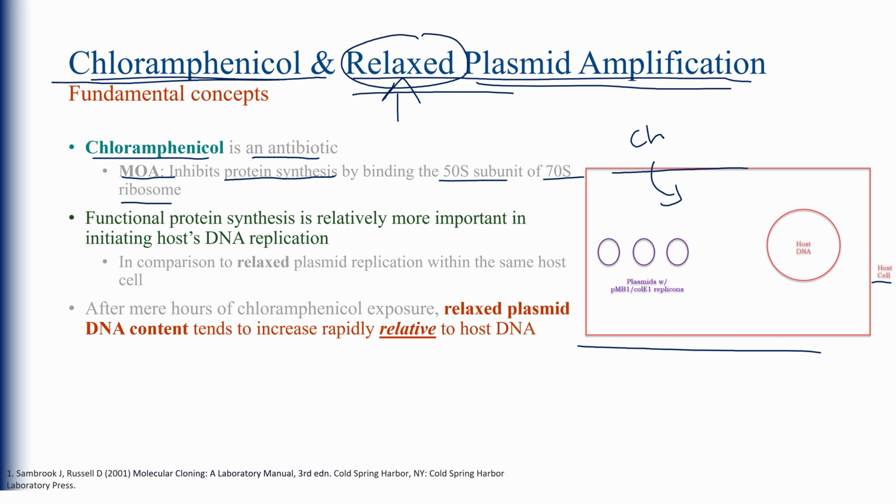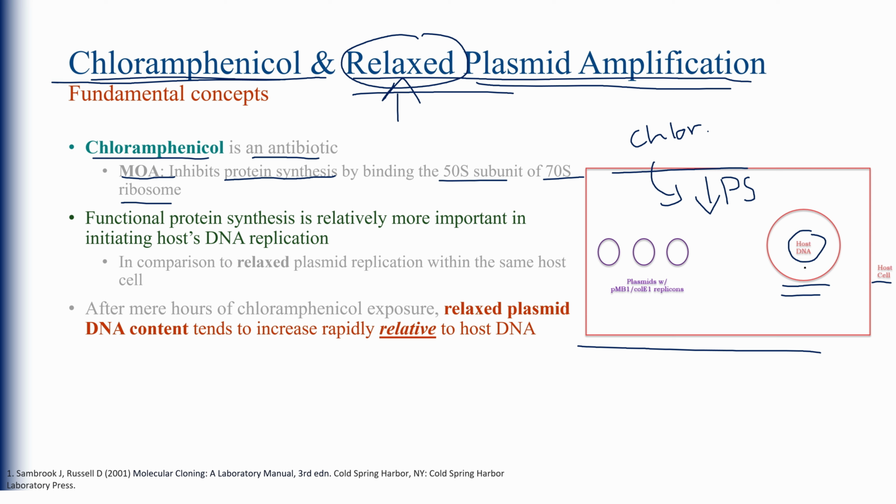If you expose this host cell to chloramphenicol, all in all, you'll have decreased protein synthesis in the host cell. Once you have decreased protein synthesis, that results in diminished replication of the chromosomal DNA of the host cell. Now, if you get into the details and try to understand it, you'll realize that this can be nuanced and it's not as simple as I am describing it.